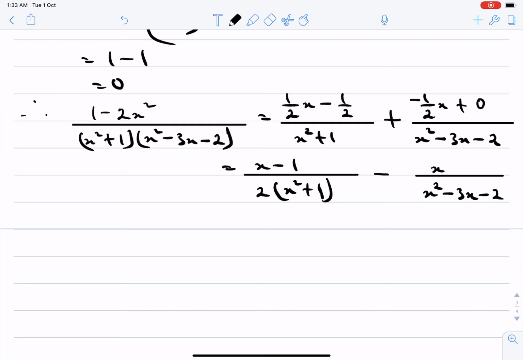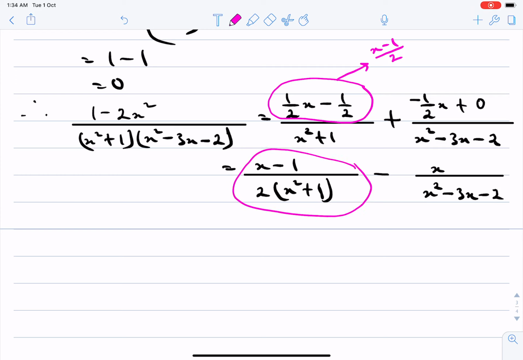You can see that this numerator is x minus 1 over 2. And if you divide that by x squared plus 1, this is what you're going to get.